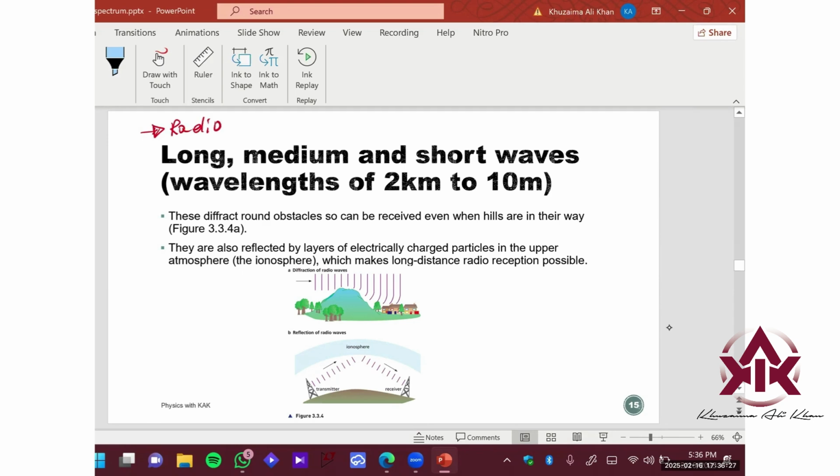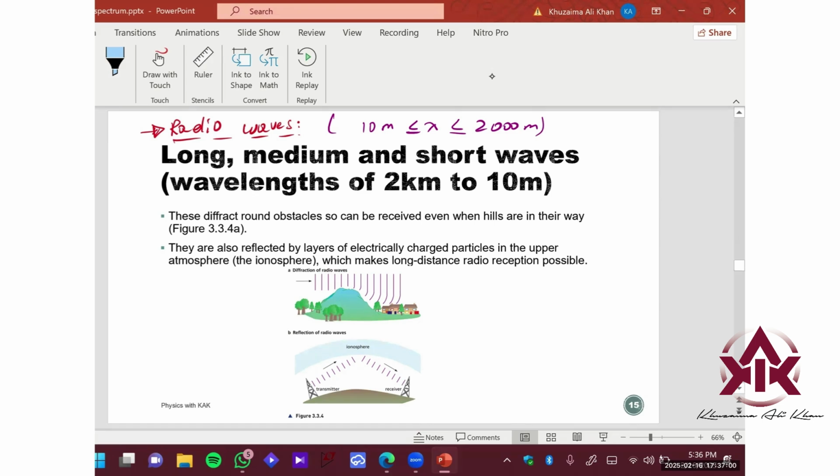The wavelength range for this is from 10 meters to 2000 meters. Any radio wave with a wavelength in between this range would lie in the long, medium, and short wave.